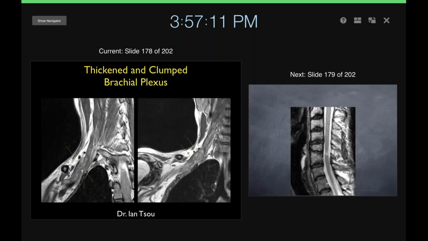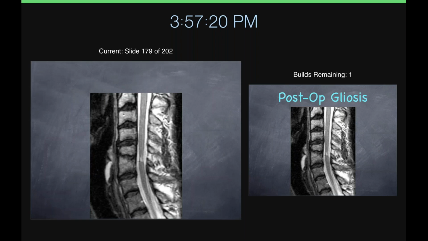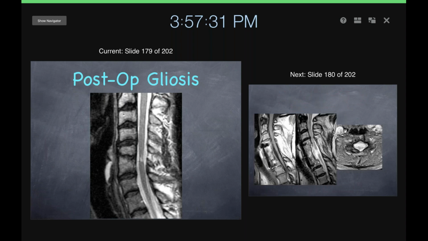And here you can see the thickened, injured nerves over on that side. And this is just a patient who had a prior injury with a fracture, and this is postoperative gliosis and atrophy of the cord at the level of the cord injury.